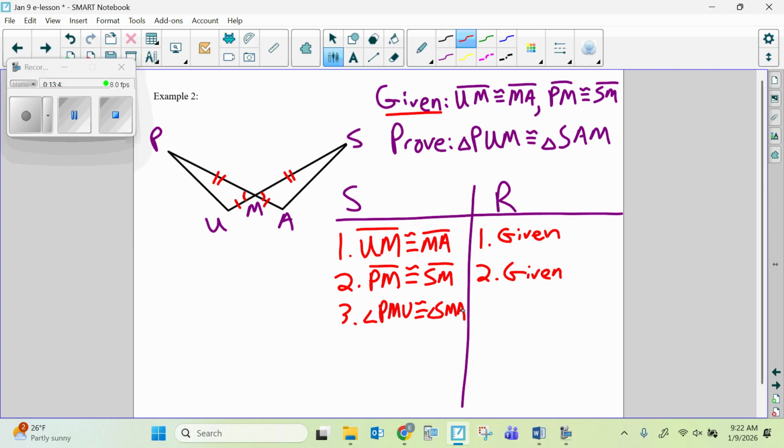That angle's a little kind of ran together with the S, but that's an angle symbol there. But I have to have a reason for knowing why those two angles are congruent. Well, I know that those have to be congruent because I know they're vertical angles, and vertical angles are always congruent. So that's my reason. Vertical angles are congruent.